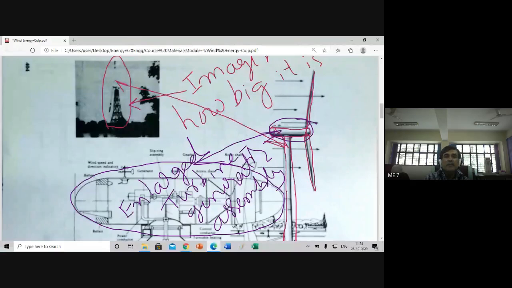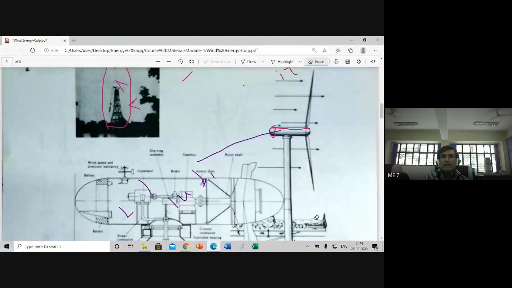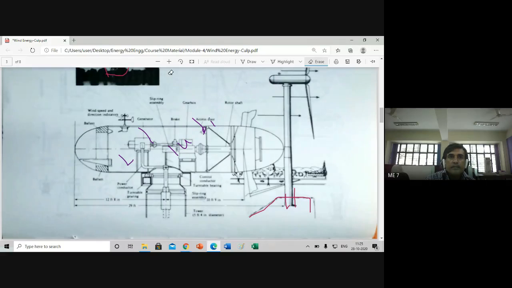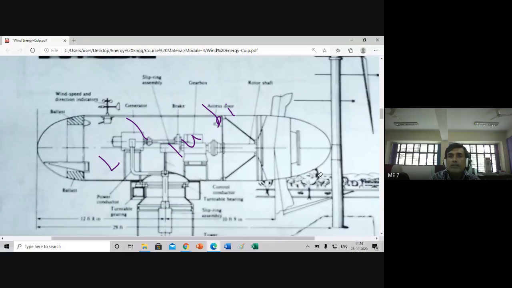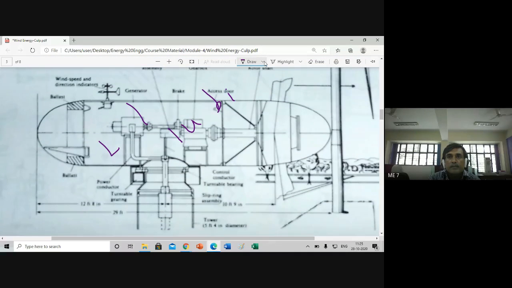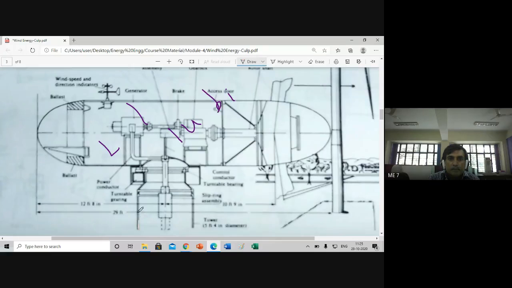Let us focus on this turbine generator assembly. This is a tower.